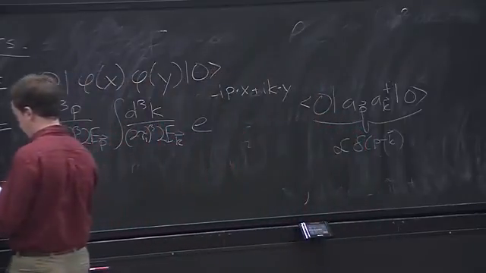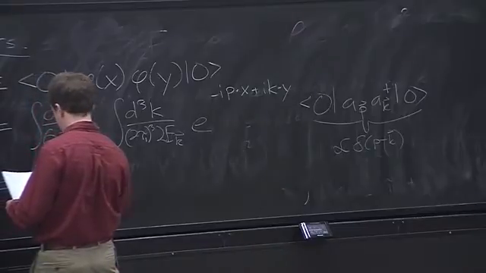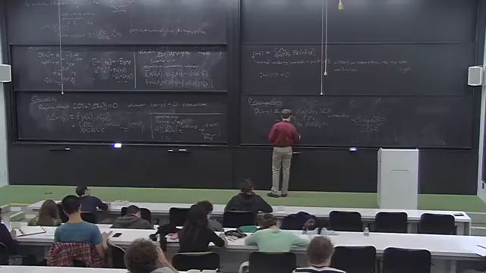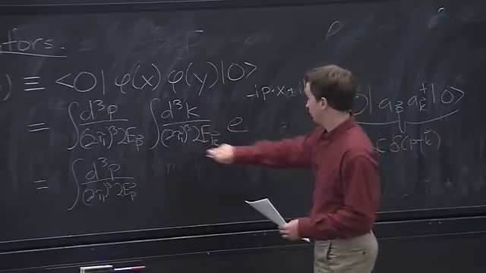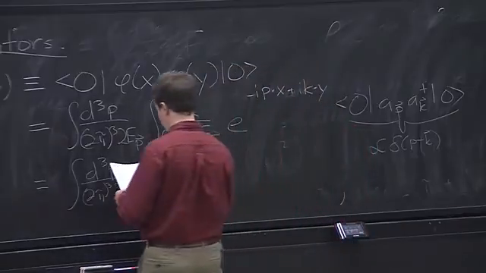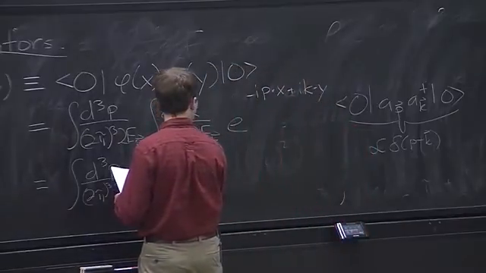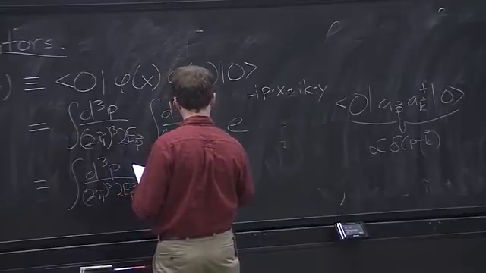So this gives us the integral d3p over (2 pi)^3 2 E_p. The integral over k will set p equal to k. And we're left with e to the minus ip dot (x minus y).